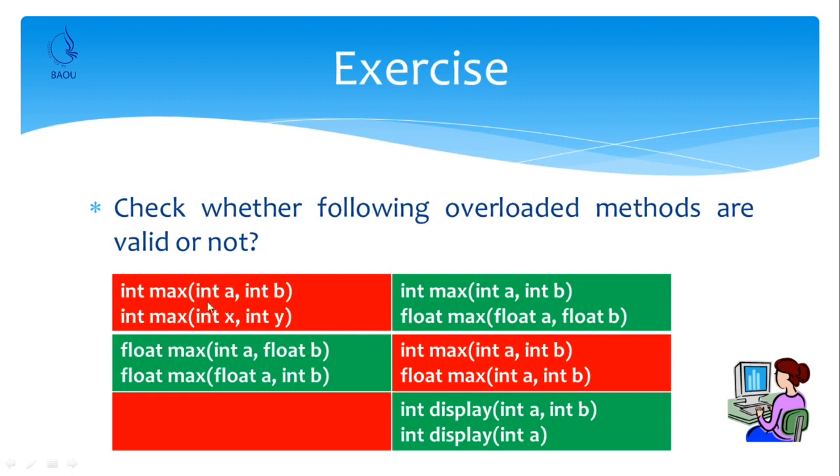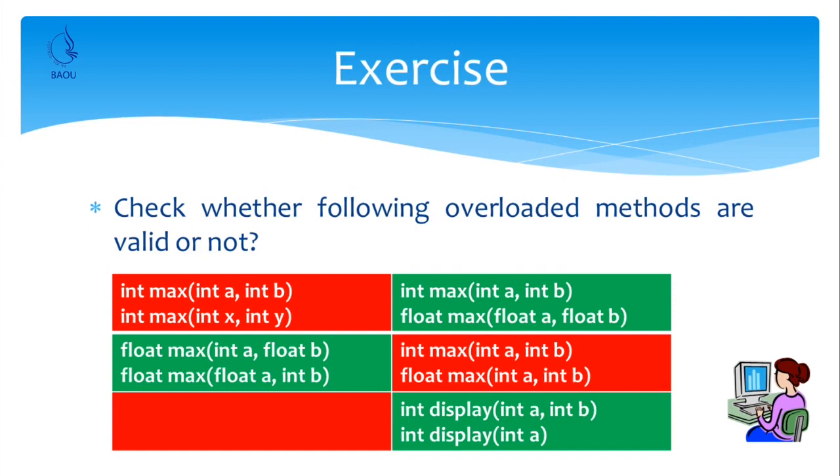The first method has two integer parameters and the second method also has two integer parameters, but here the parameter names are a, b and here the names are x, y. So, you have to tell whether it is valid or not. This is not valid.